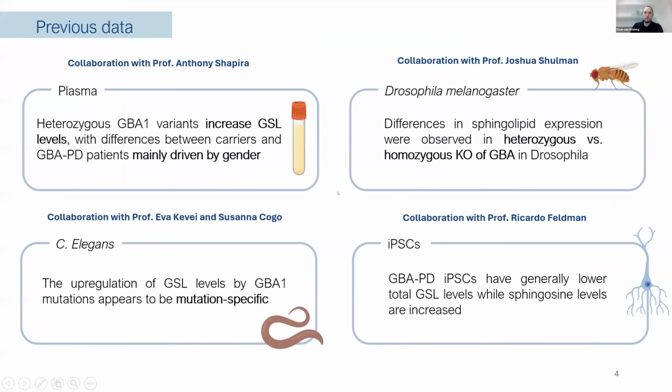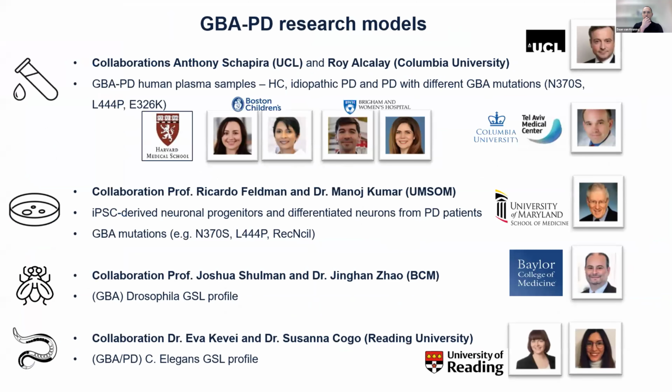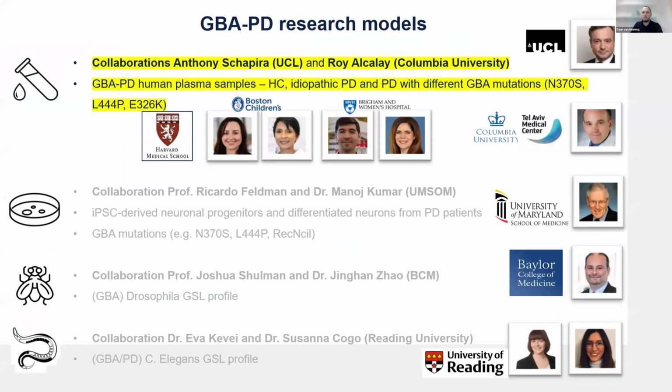I will not go over all these results now. As I mentioned, we have had many collaborations that indicated multiple changes in glycosphingolipid levels in the plasma, human plasma initially, but also in different models. And what I would like to focus on is our latest validation study or continuation, in which we increased the sample size of the human plasmas to get a clearer picture of this.